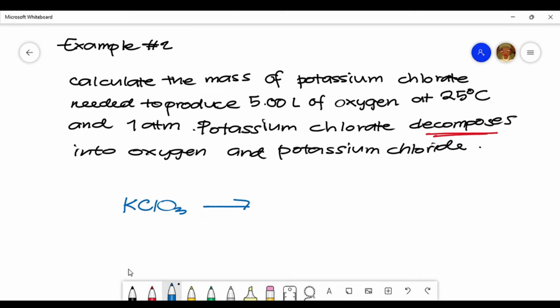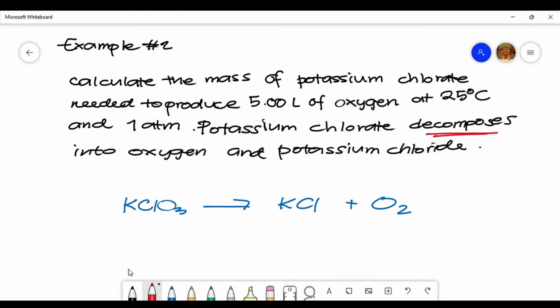So let's start with potassium chloride given by KCl, plus oxygen. Oxygen is definitely O2, the same as hydrogen gas, which is H2, and nitrogen gas, which is N2. The next step is to balance this out.